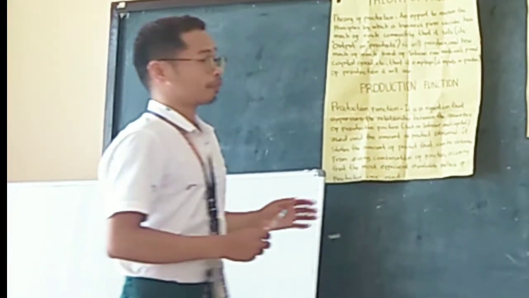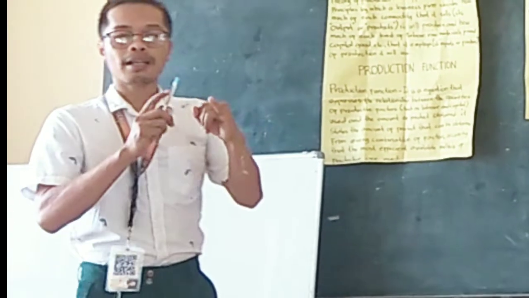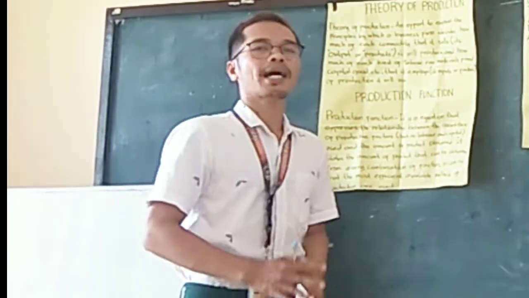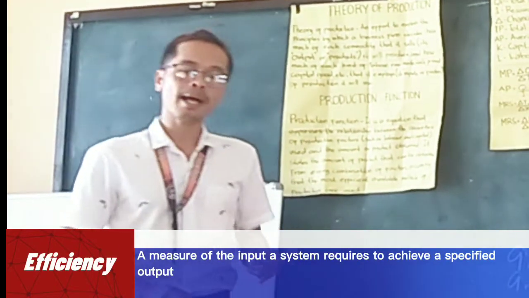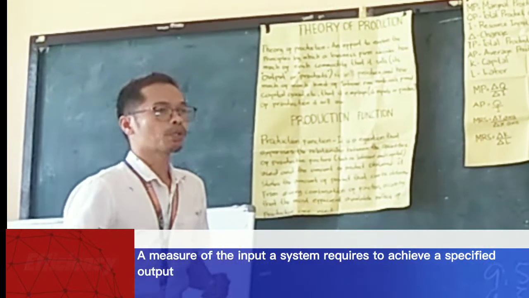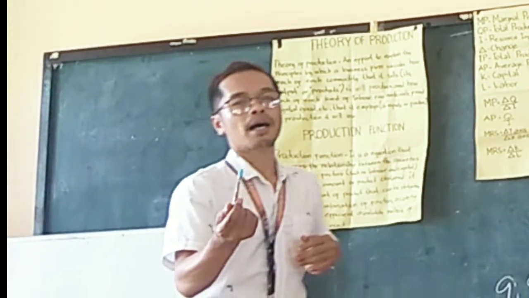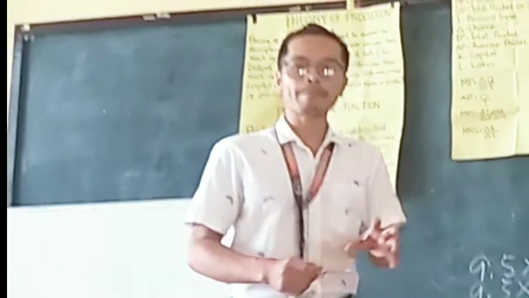So, yung mga labor, yung material, kailangan, if you are in production, gamitan mo siya ng pinaka most efficient na paraan for you to have good or mas madaming output.